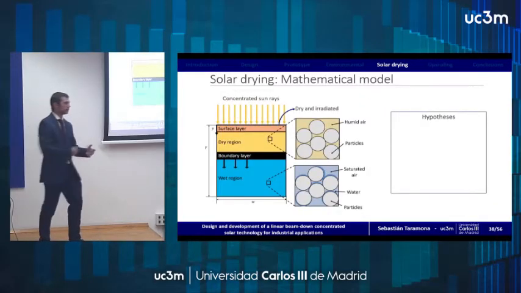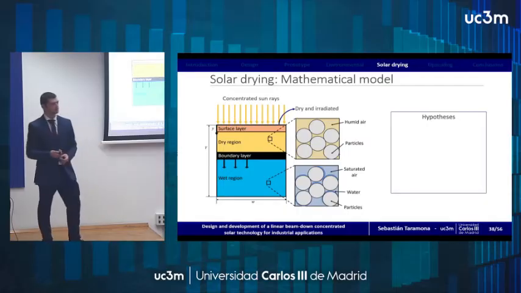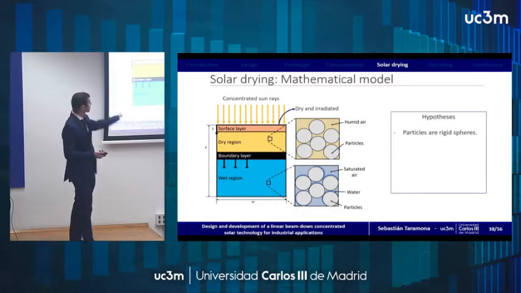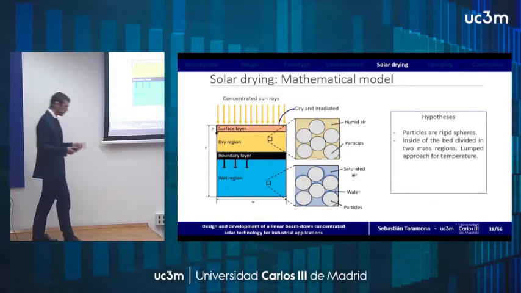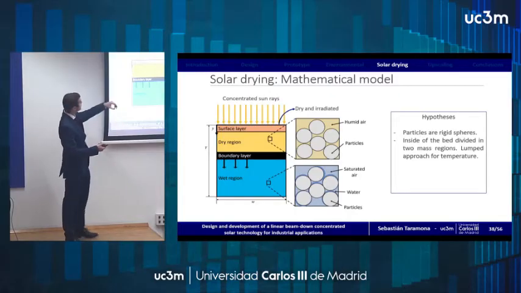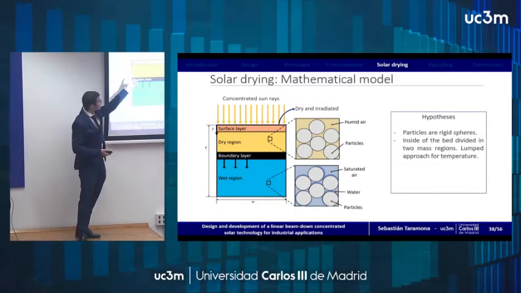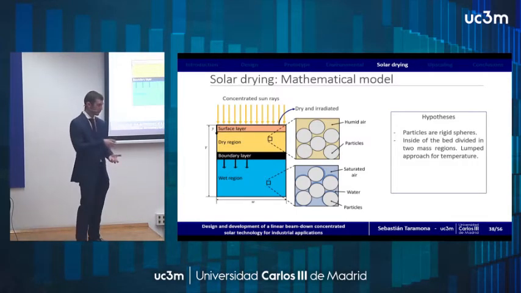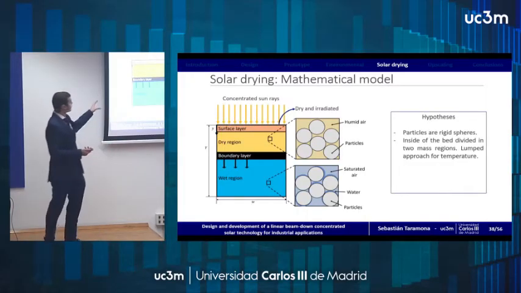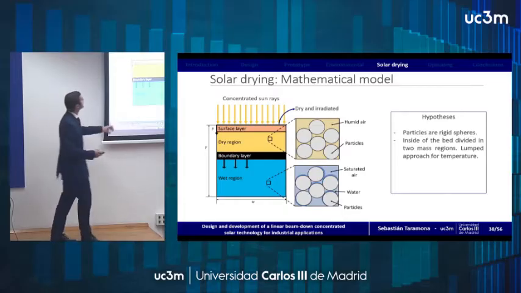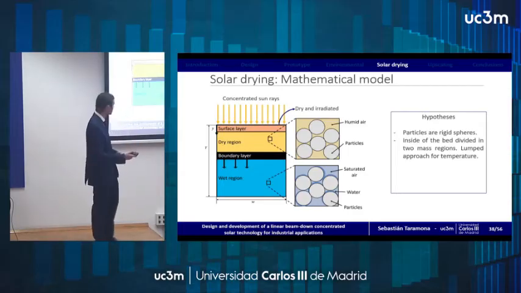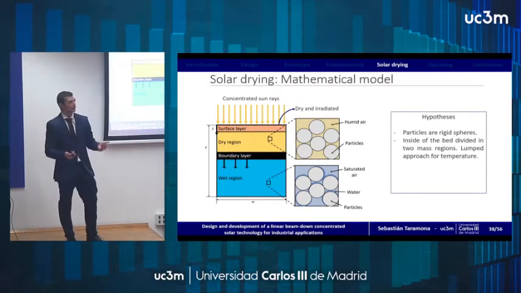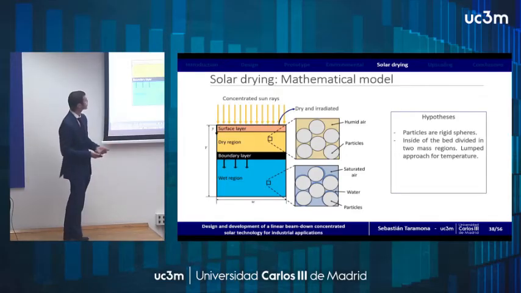In order to do so, we'll be developing a model with several simplification hypotheses, such as that the particles are going to be rigid spheres, and that the bed is divided in two sections, both for the thermal analysis and for the mass analysis. For the mass analysis, we'll be dividing it into a dry region where the particles are completely dry, and a wet region where the particles are still wet and the air within this section is saturated. And on the other hand, for the thermal analysis, we'll be dividing the bed into a surface layer, the one that receives the solar concentration and also has those associated losses, and then the inside of the bed, which it reaches through conduction.